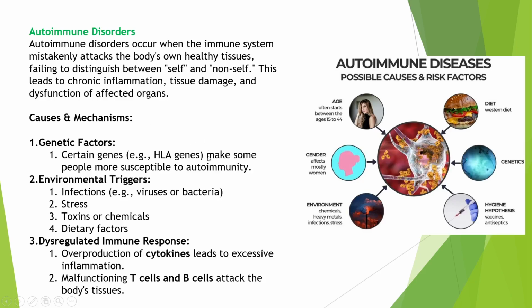If there are issues or differences or any changes in these genes and their transcription into the MHC, then these genetic factors contribute to autoimmunity, because MHC classes are the ones which help identify between self and non-self, and MHC also differs from person to person. Sometimes it also helps in identification of different classes between different persons or in a population. So these are the major genetic factors.